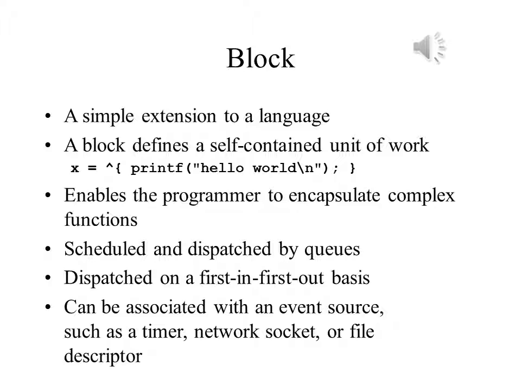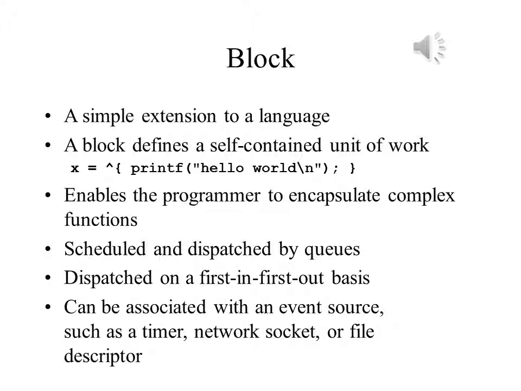Queues are lightweight user space data structures, which generally makes them far more efficient than manually managing threads and locks. Depending on the queue and how it is defined, GCD either treats these blocks as potentially concurrent activities or treats them as serial activities. In either case, blocks are dispatched on a first-in, first-out basis.